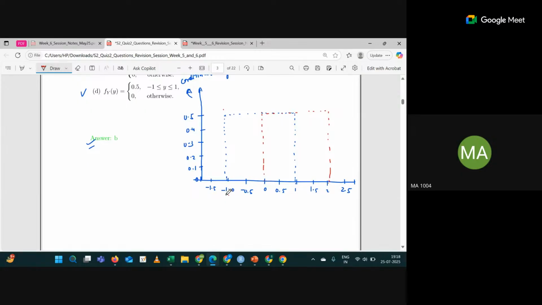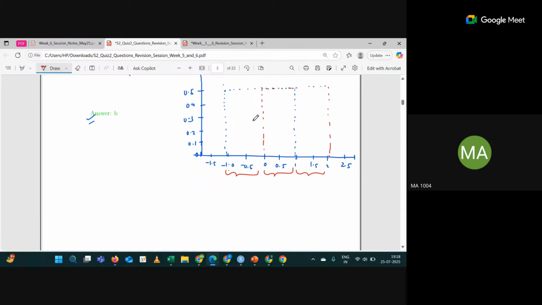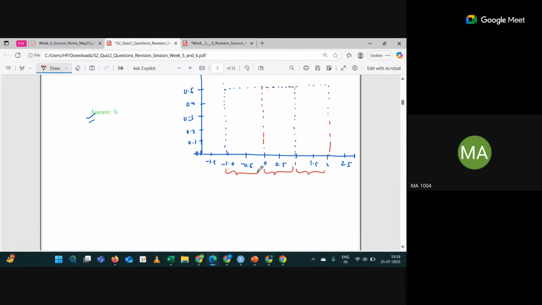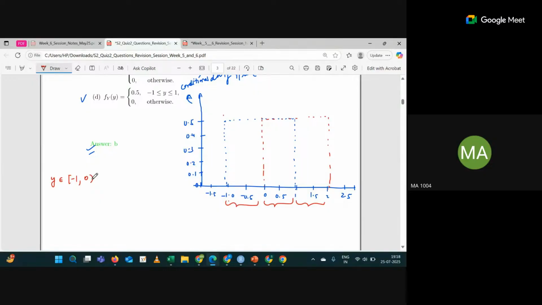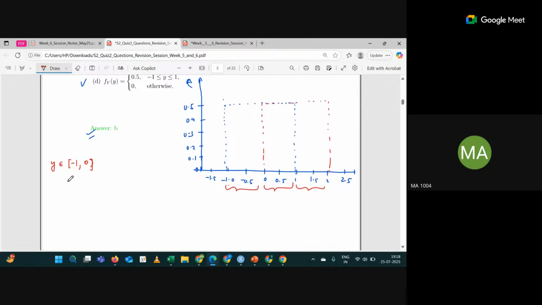So you can see there is a split in the range. You have to look at y from -1 to 0, from 0 to 1, and from 1 to 2. Understood? Because you can see the overlapping part, you just have to solve these cases. First, for y from -1 to 0, how will you calculate f_Y(y)?